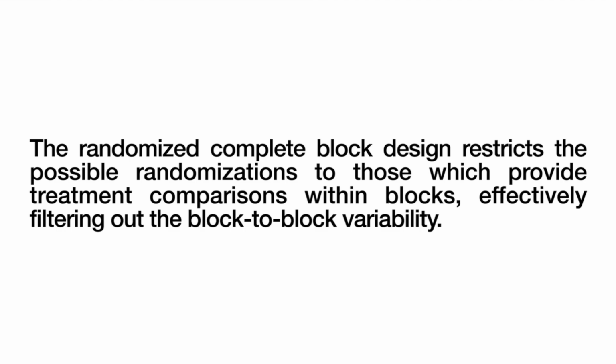Instead of making treatment comparisons across what we know to be blocks, where we would be seeing not only differences between treatments but also differences between blocks, the randomized complete block design allows us to make treatment comparisons within blocks. So, comparisons among experimental units that are homogeneous.